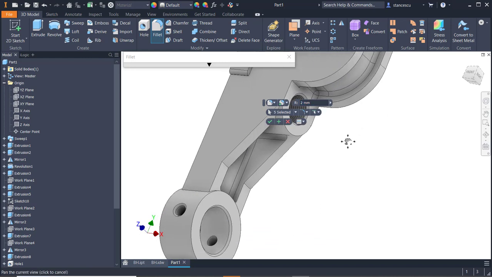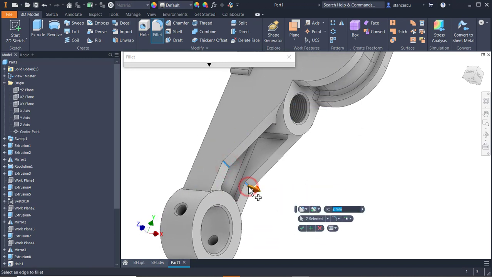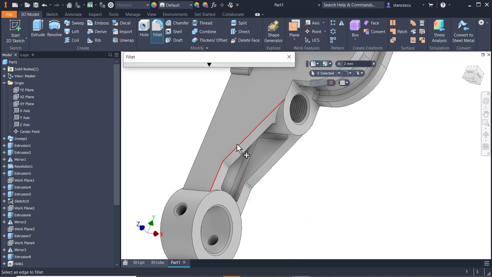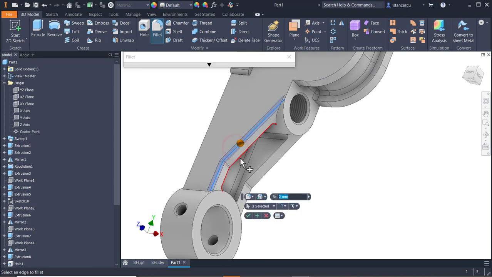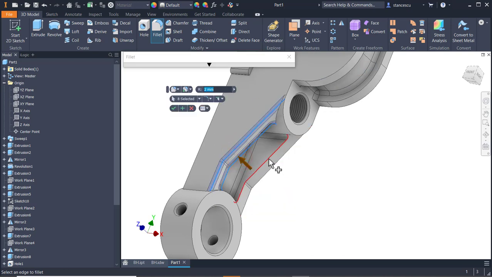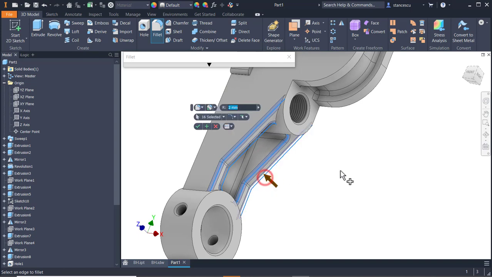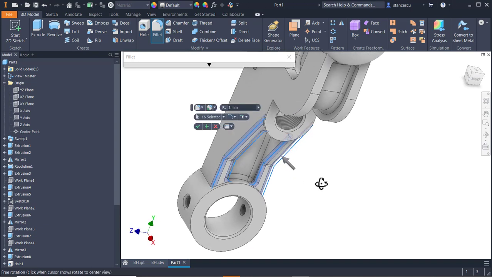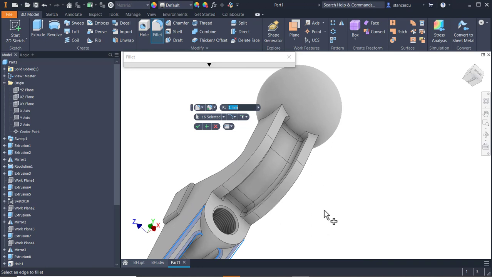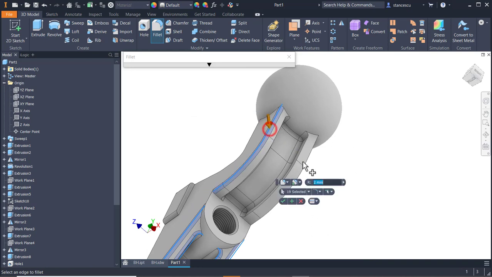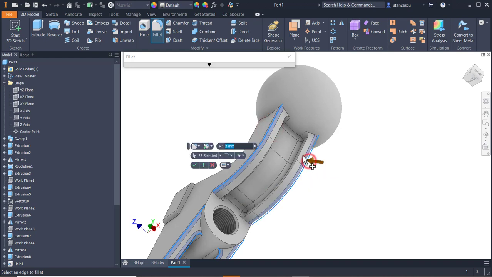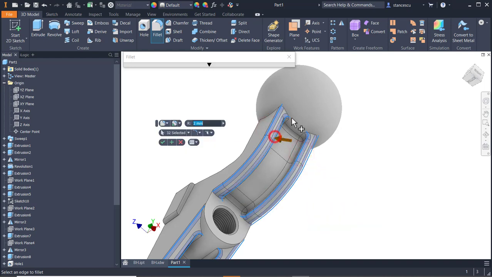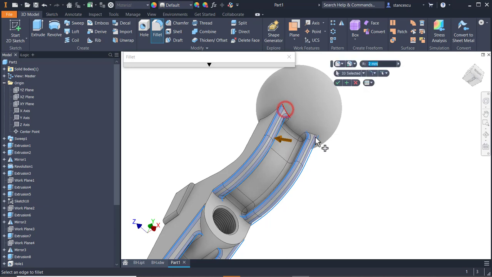Now external. This one and this one. Plus. Now I can apply external to both lines at once. External is also this, but also the face.